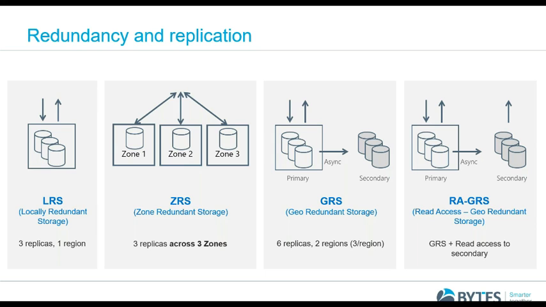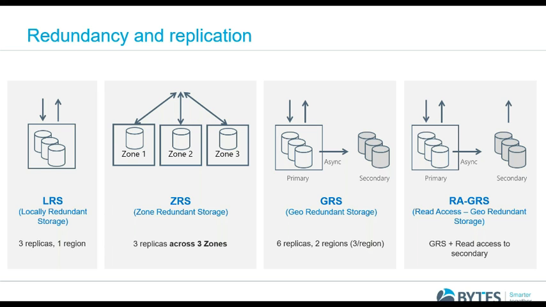For storage, we also have a number of options in terms of redundancy and replication. So within Microsoft's infrastructure, they don't use traditional RAID solutions. Instead, they keep multiple copies of data. And the most affordable and most common option is to use LRS, locally redundant storage. That is where 3 copies of the data are kept within this particular region.